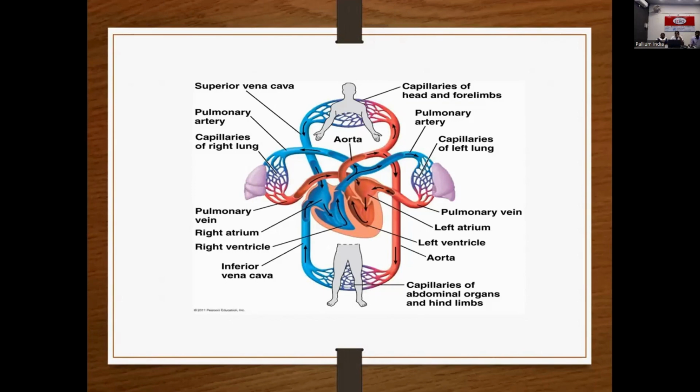Systemic circulation is the gas exchange as well as the blood circulation that happens in our body.